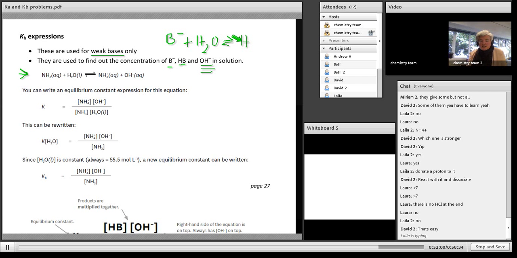So at least by writing the H2O in, it becomes balanced, plus OH minus. Check your equations. Are my charges balanced? In other words, if I add up all the charges on the left-hand side, does it equal the total of the charges on the right-hand side?